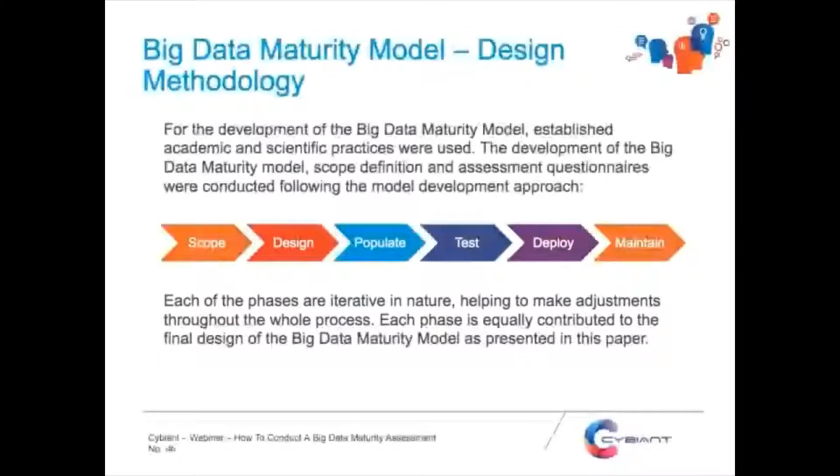Before I explain that, we will do a very quick survey now to basically ask you a question on, have you ever already done a maturity assessment in your organization, or are you considering doing it, or have you already done it?